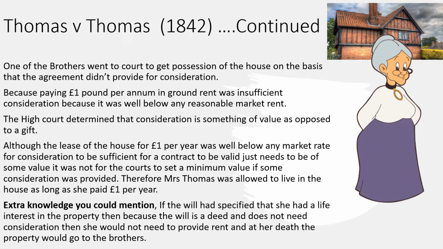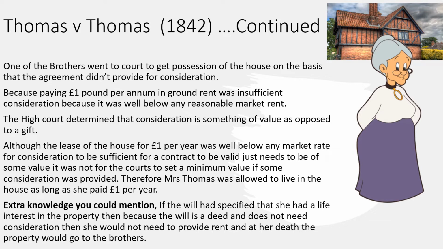Bit of extra knowledge here you may find helpful if it comes up in exams. If the will, the written deed contract, it's a deed because it's witnessed in front of witnesses and it's signed.